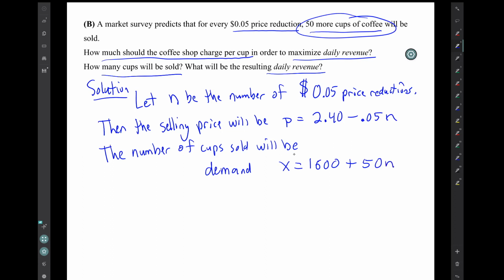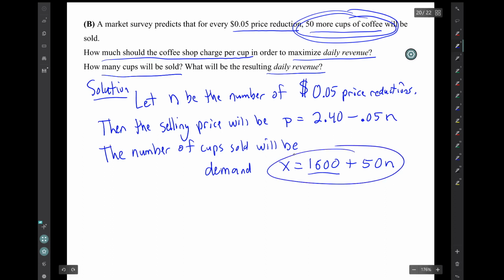So if you initially were selling 1,600 cups of coffee a day and you sell 50 more each time you lower the price, then the new demand, the new number of cups you sell each day will be that number.